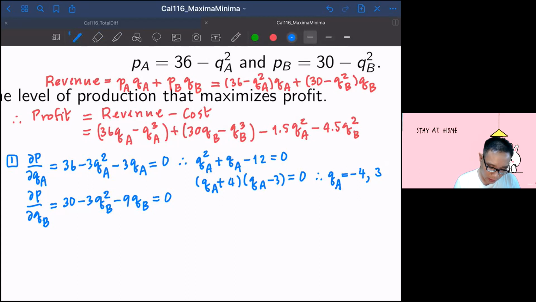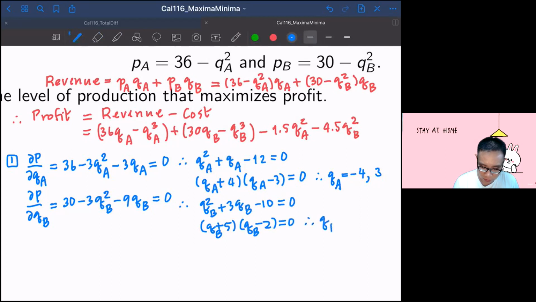And you're going to have QB in the same way. So it's going to be QB square plus 3QB minus 10 equal to 0. That allows you to factor, QB plus 5, QB minus 2 equal to 0. So you get QB equal to negative 5 and 2.